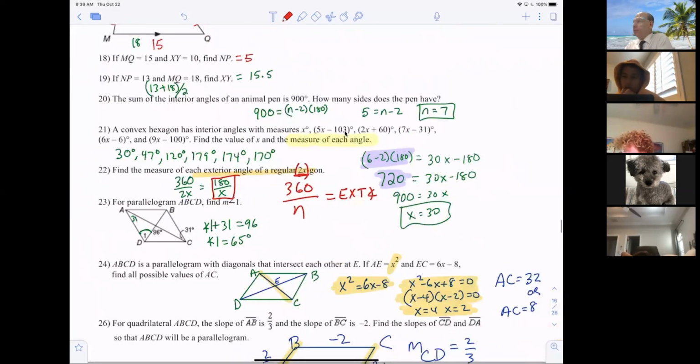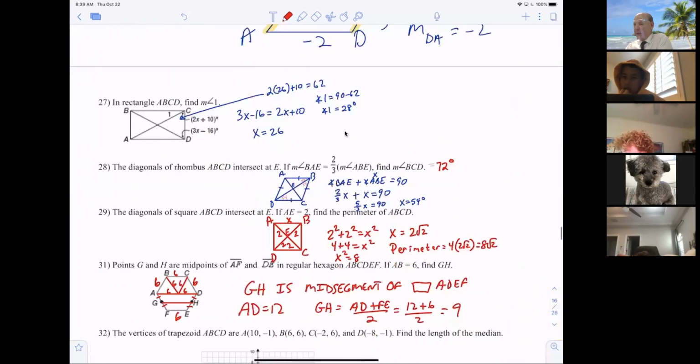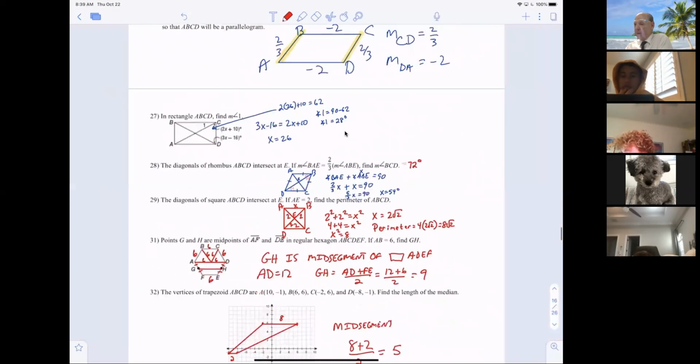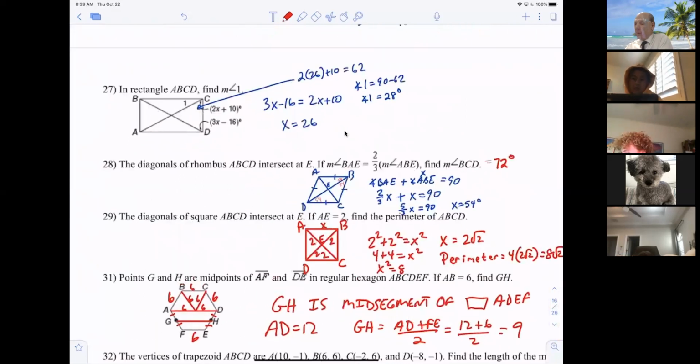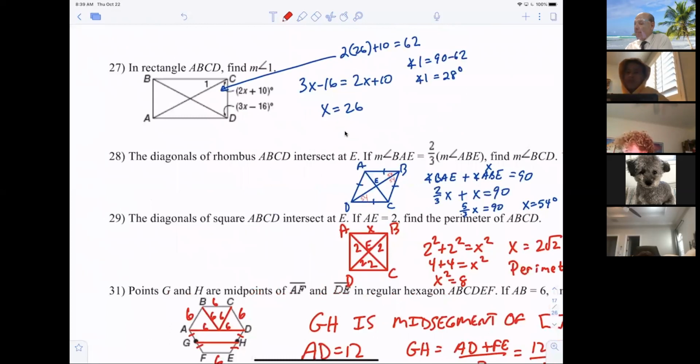All right, here we go. Next page. Sam, you got a question? What's the problem? Remember, if it's a rectangle, these are equal.